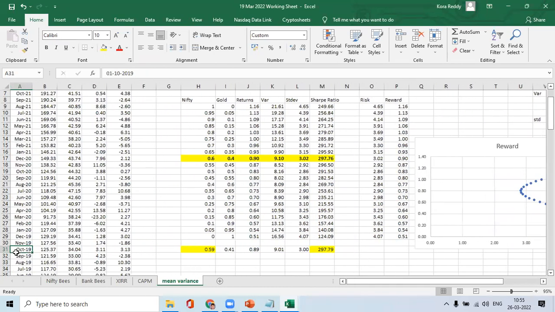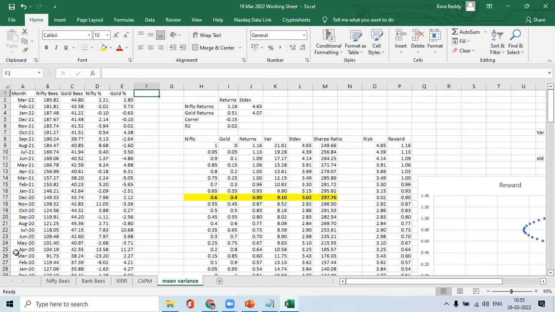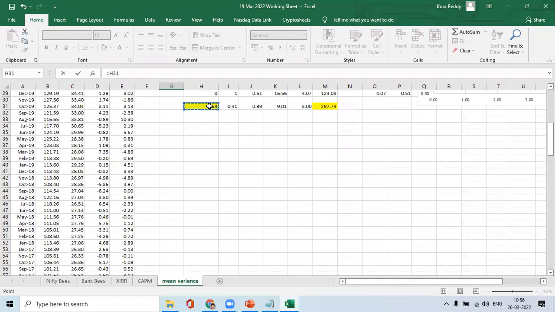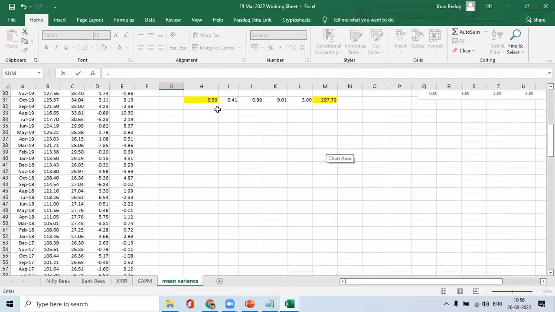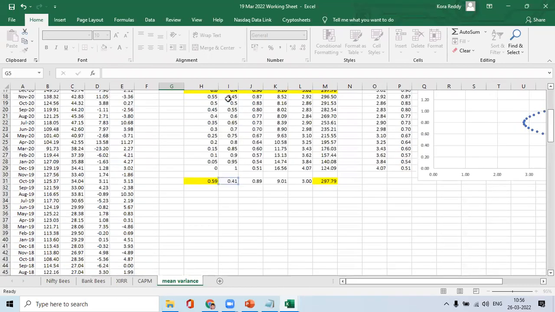Now let me plug these values here, right? This is the efficient frontier allocation. What is that? It is Nifty of 0.59. So I'll just simply point to this, and gold of 1 minus that, or you can simply copy this.